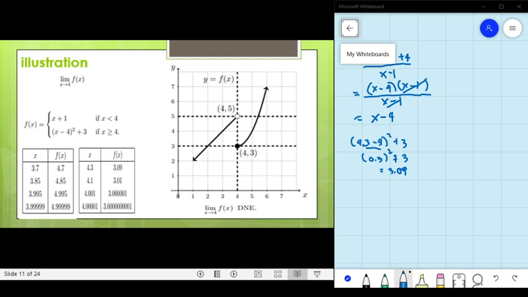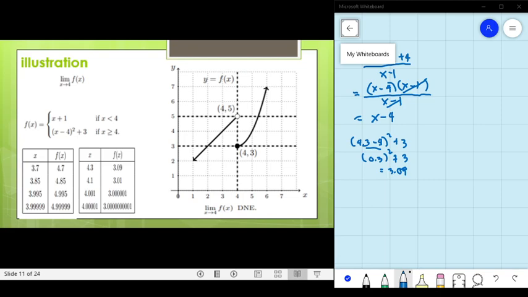So, we need to emphasize an important fact. We do not say that the limit of f of x as x approaches 4 equals does not exist. You cannot use an equals sign there. Nor do we write the limit of f of x as x approaches 4 equals does not exist, because does not exist is not a value.